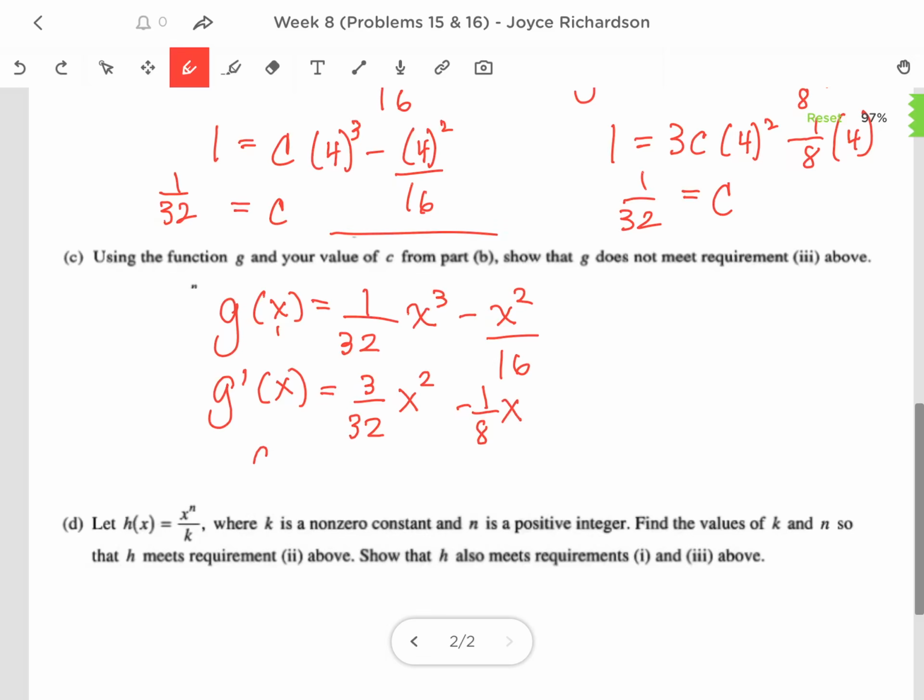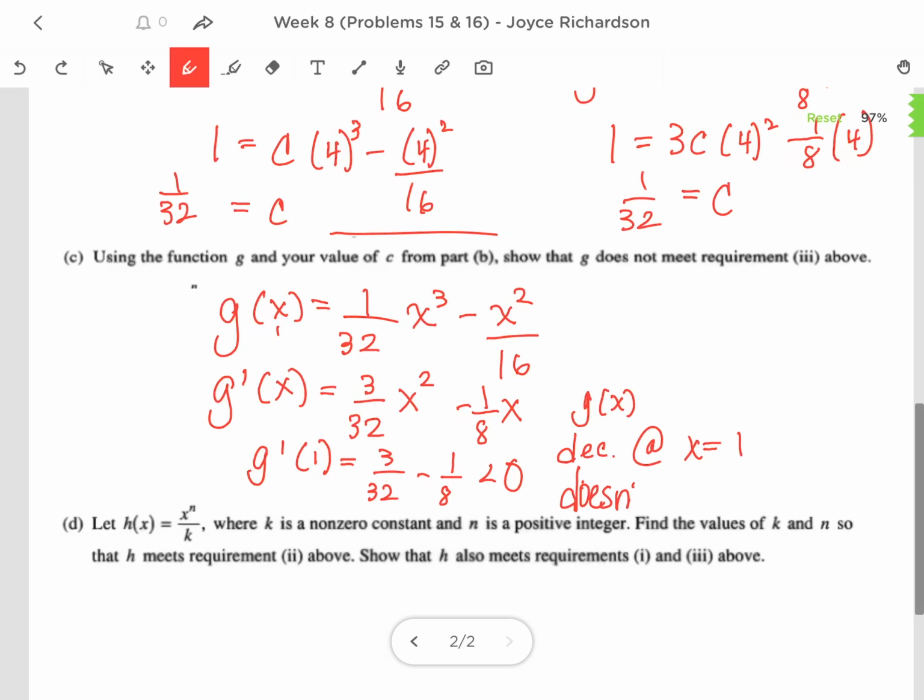Or I could just say, well, g prime of 1, if I plug in 1, 3/32 minus 1/8 is less than 0, so I know that it is decreasing. g of x is decreasing at x equals 1, and so therefore does not meet requirement 3.